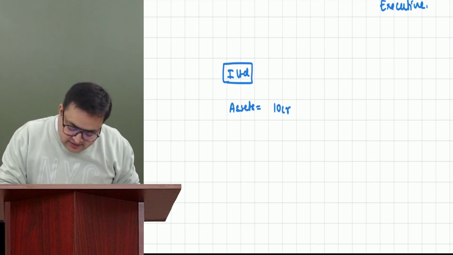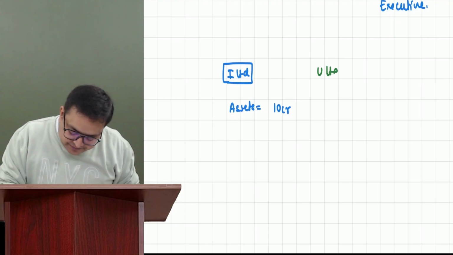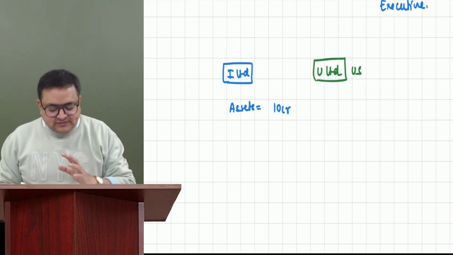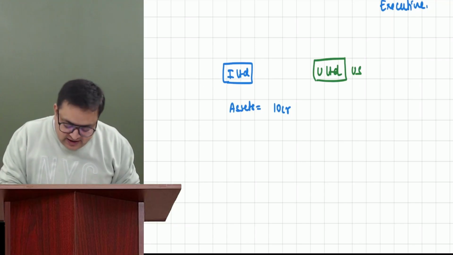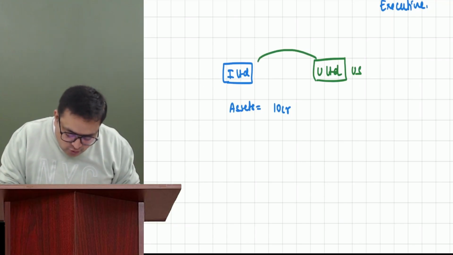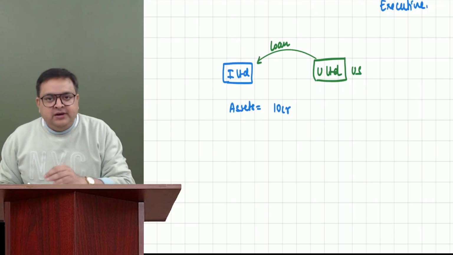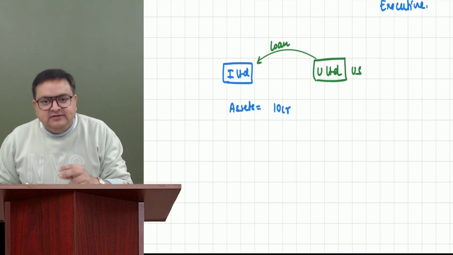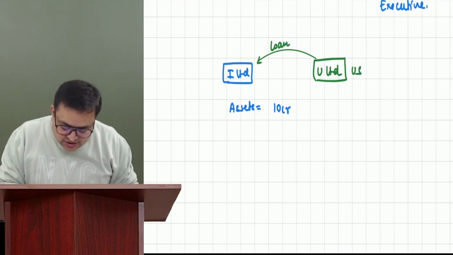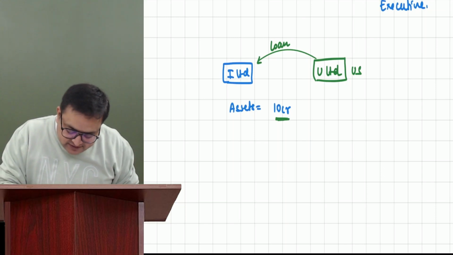And this is U Limited, US. U Limited has provided a loan to I Limited, they have done a borrowing. How much? More than 50%.